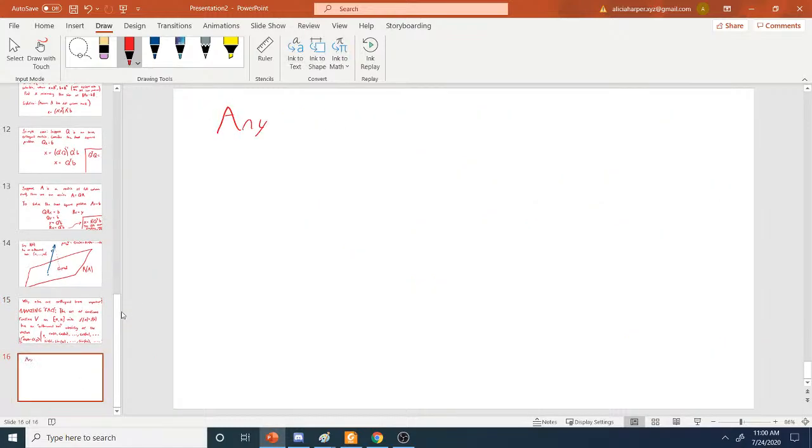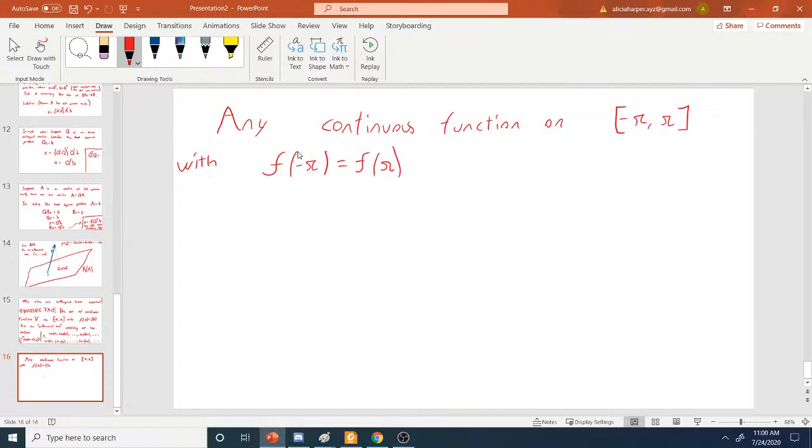Any continuous function on negative pi to pi with f of negative pi equal to f of pi may be written as an infinite sum.